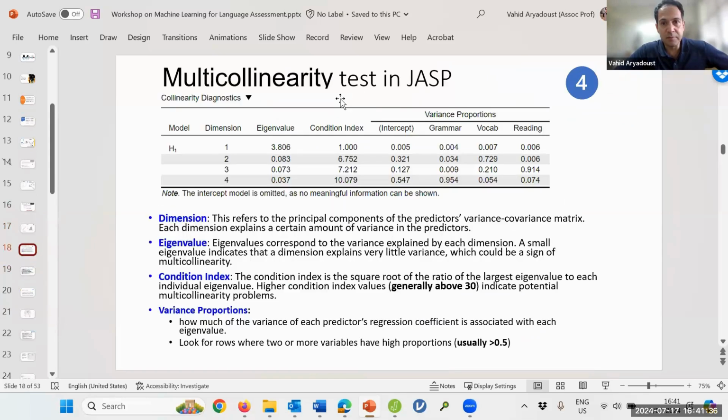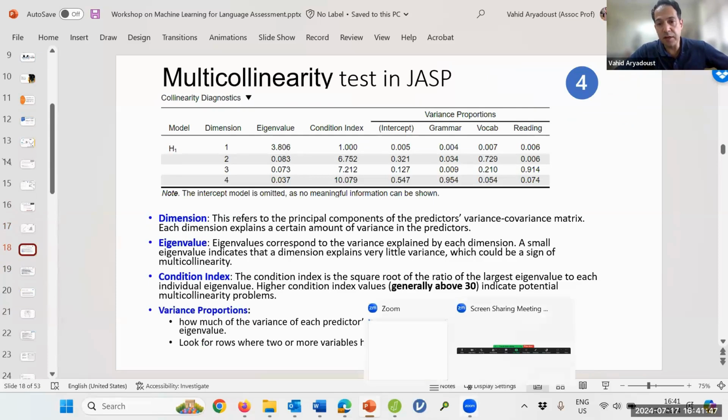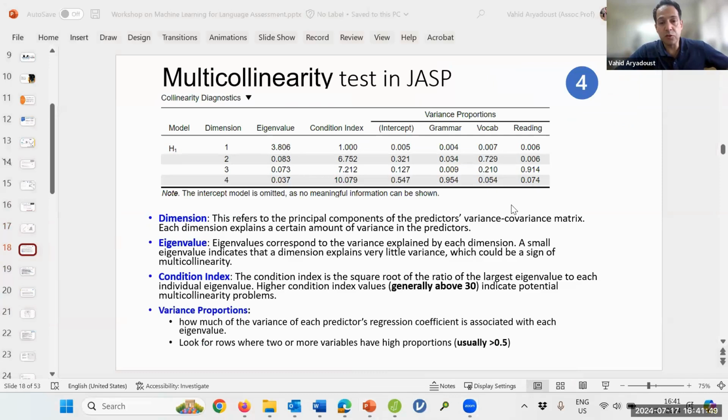Okay. I guess they're not in this slide. Sorry, they're not in this slide. But anyway, we have enough evidence now that the data is not only normally distributed, but also it meets the assumption of linearity and homoscedasticity. Now we can move on to the fourth assumption, which is multicollinearity.